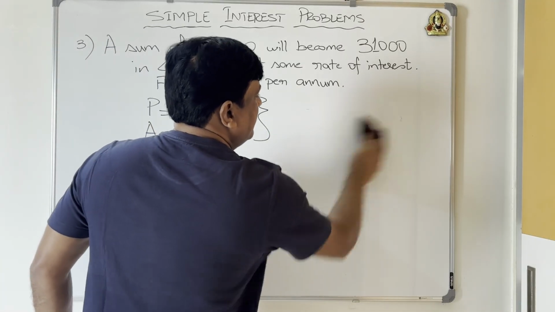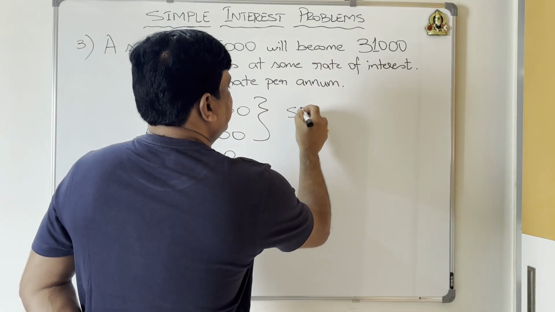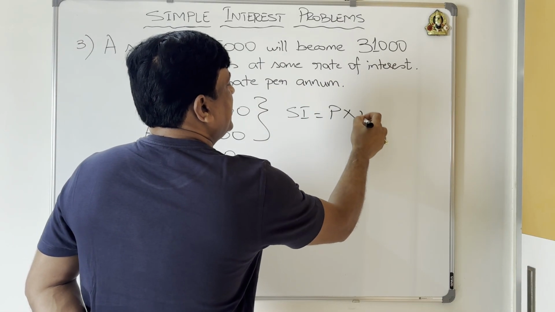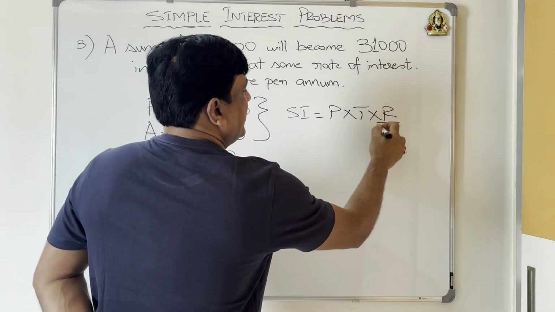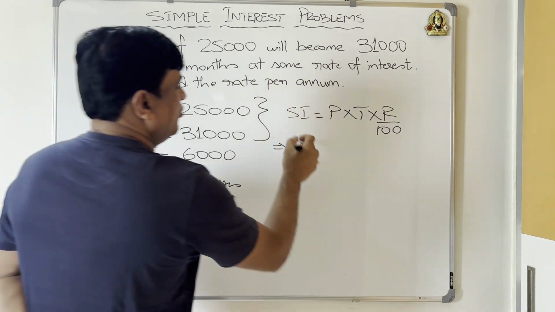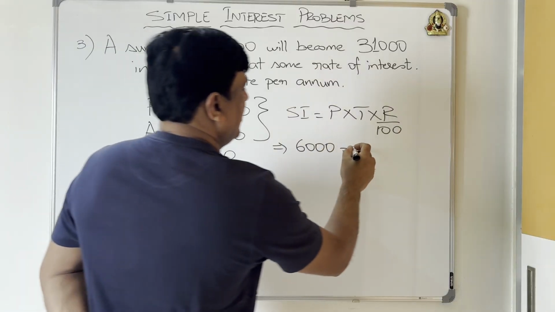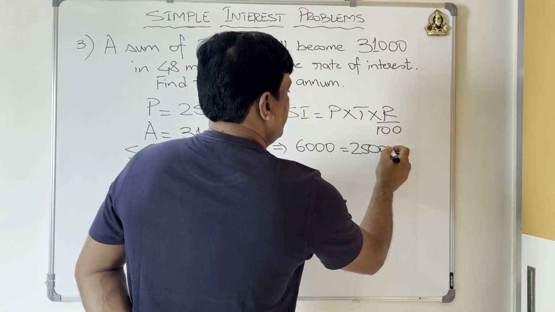Rate. Now what is SI? SI is nothing but P into T into R divided by 100. So your SI is 6,000. Put it here: 6,000 is equal to your P, which is 25,000.